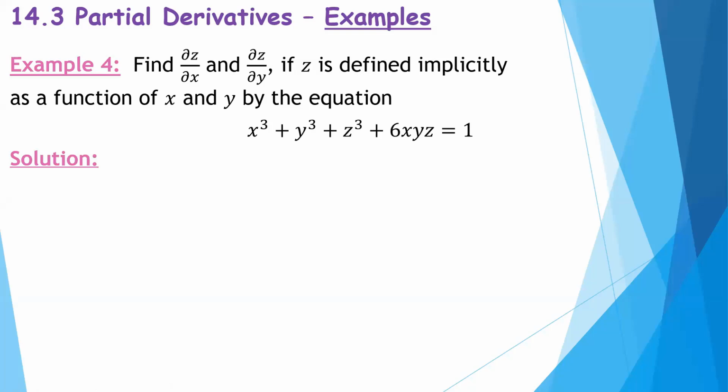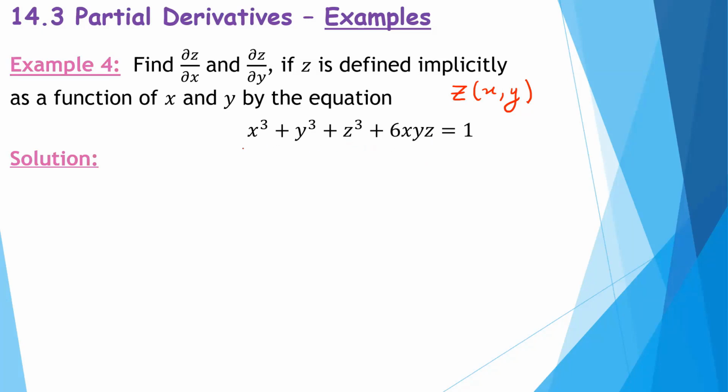So this is another example, and this example is different from the previous one because here we still have a function z of two variables x and y, but the problem is that we do not have an explicit expression for z.